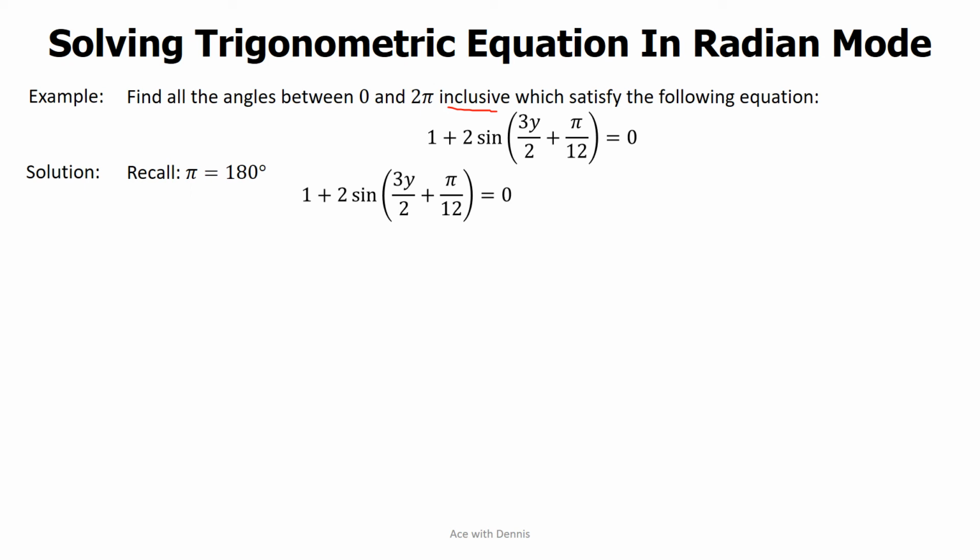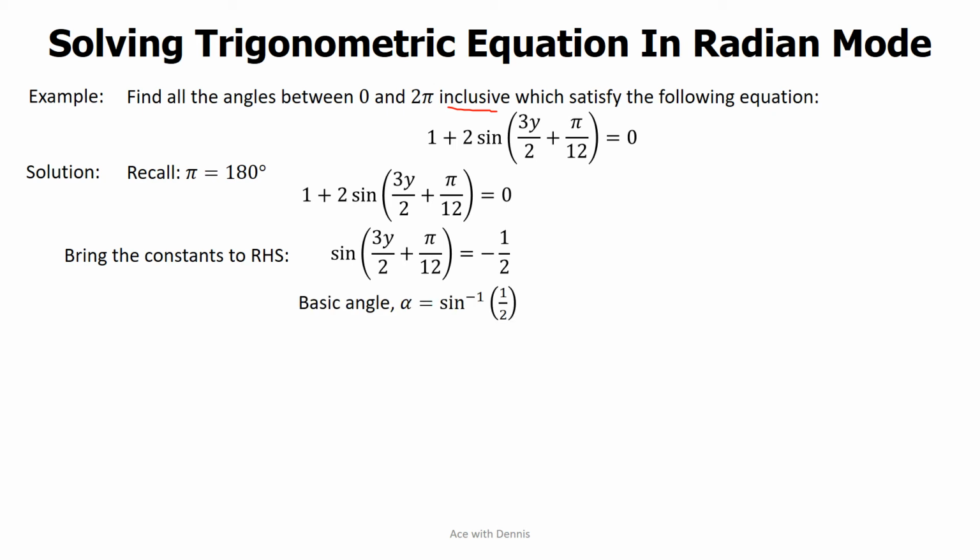Look at the given equation. We bring the constant to the right hand side, so the equation becomes sine (3y over 2 plus pi over 12) equals negative 1 over 2.